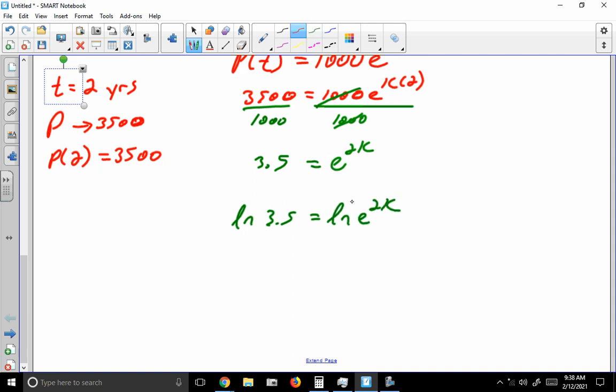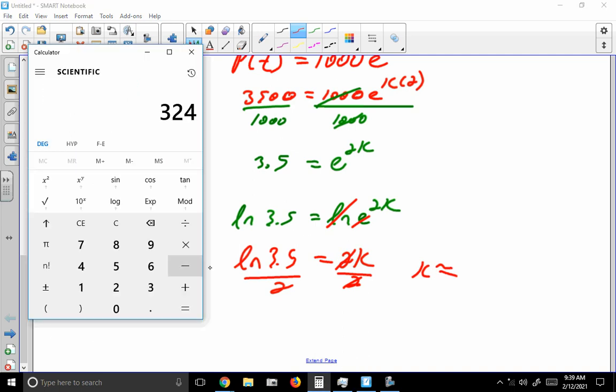When we take natural log of both sides, the natural log and e cancel, and we can divide to get k by itself. So k is natural log of 3.5 divided by 2. Let's go to 3 decimals, 0.626.